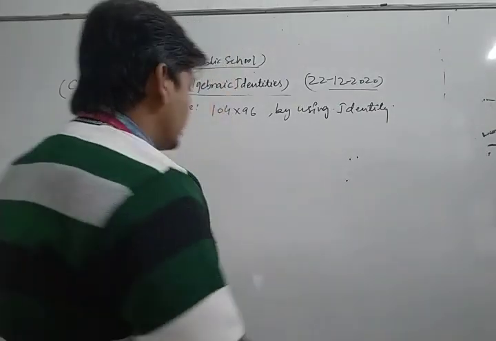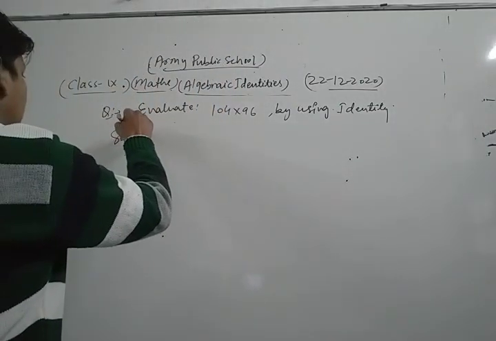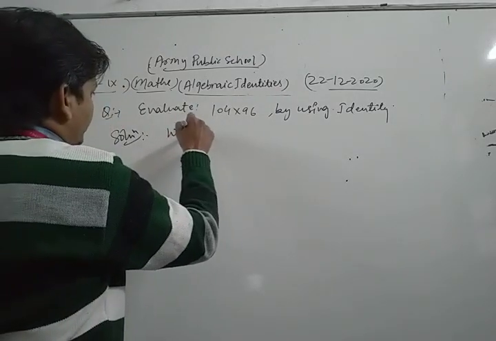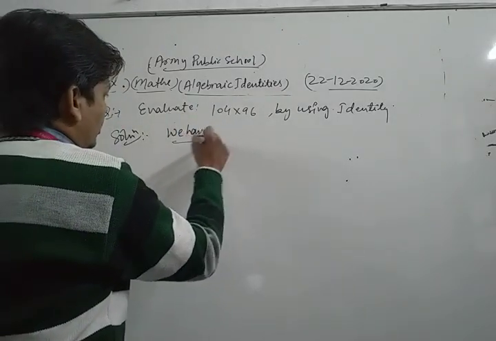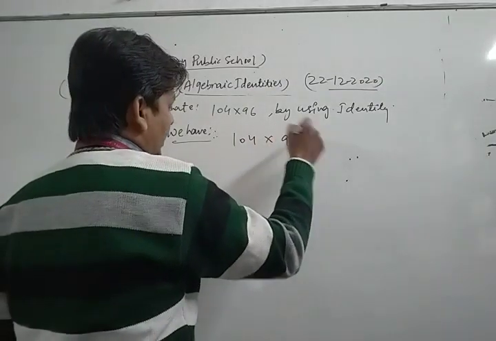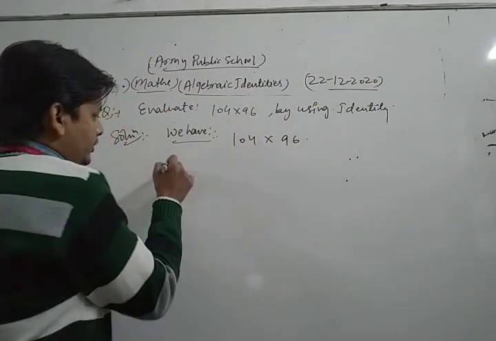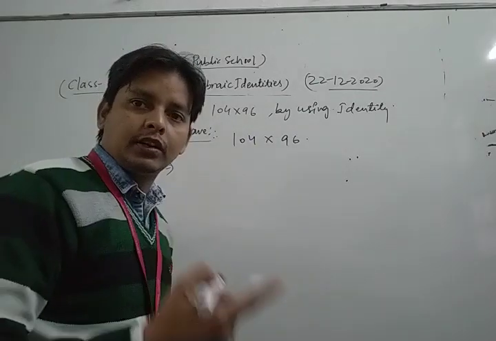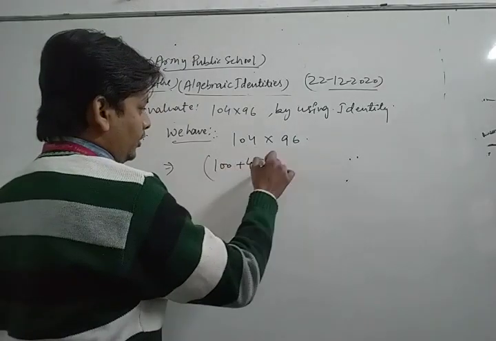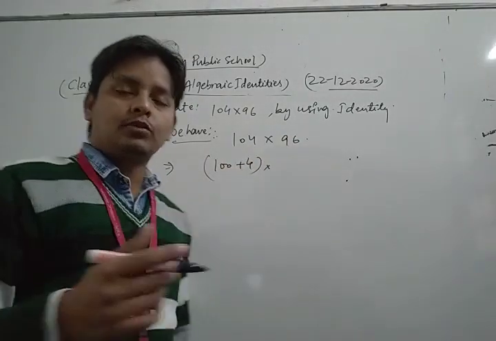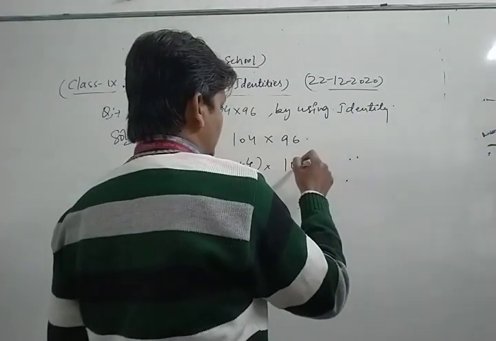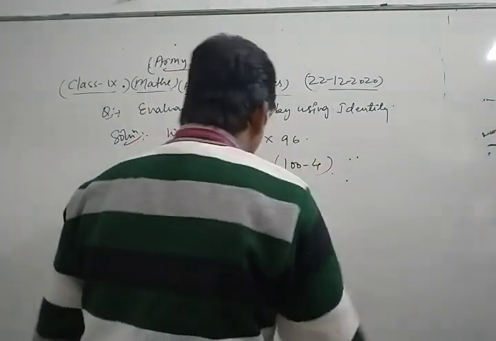Let's see, dear students. First of all, we write the question: we have 104 into 96. Now we write 104 as 100 plus 4, into, we write 96 as 100 minus 4.